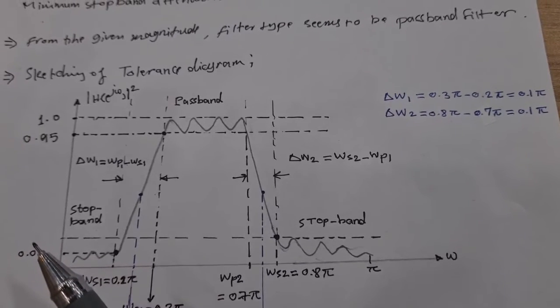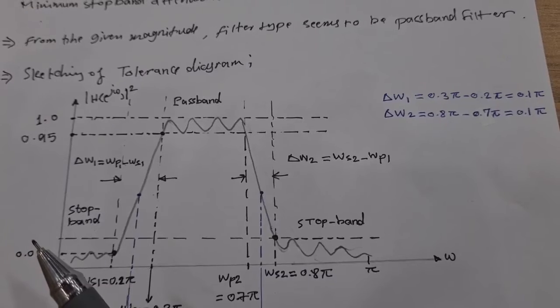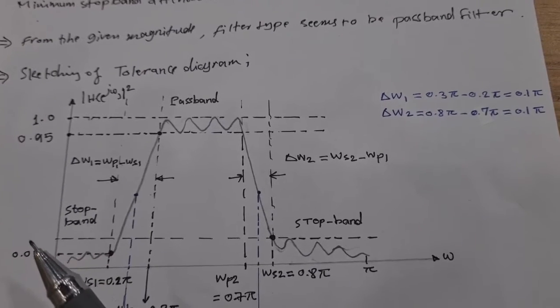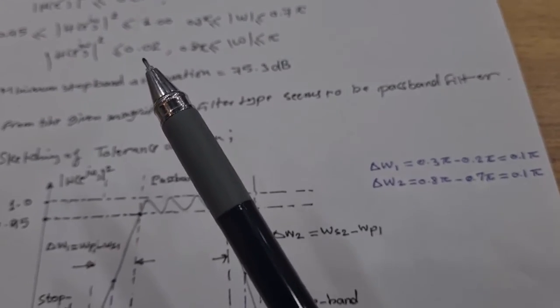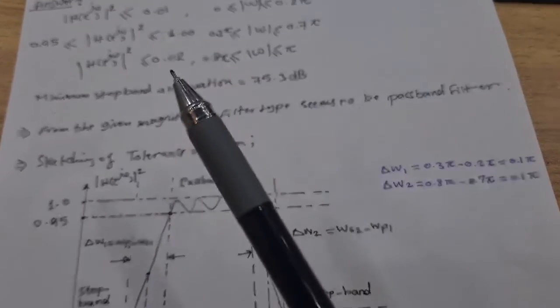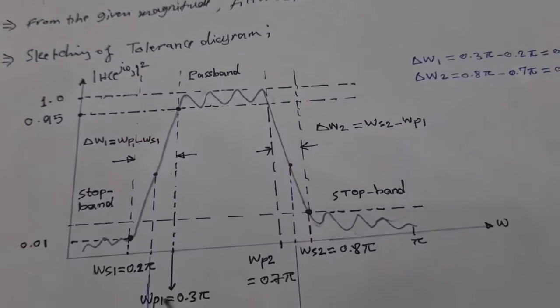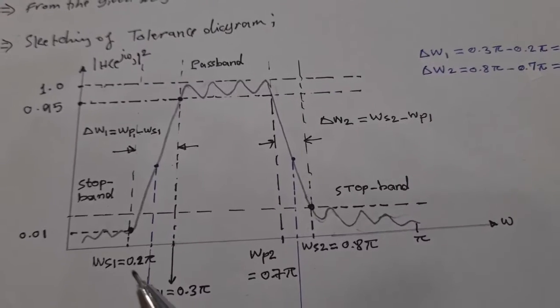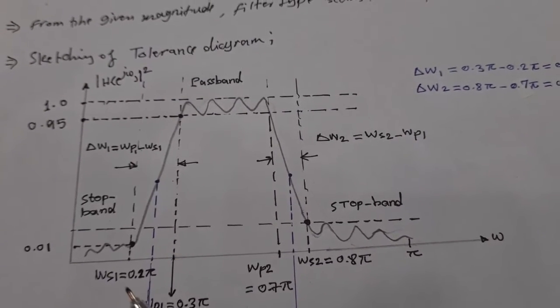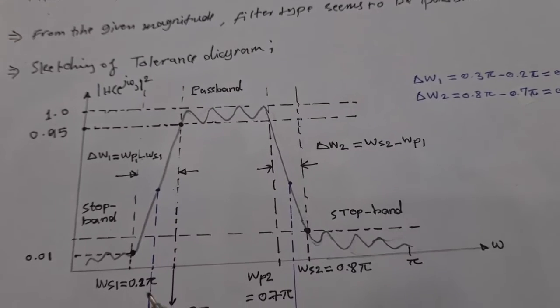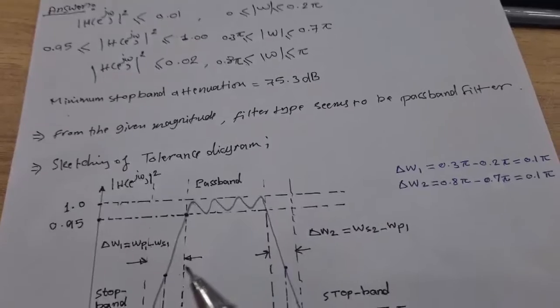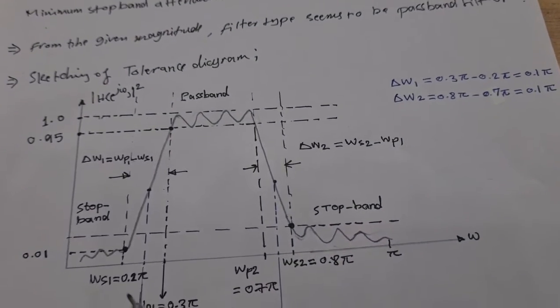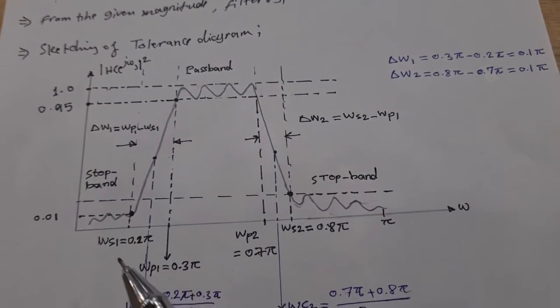I forgot to apply the value here, which is 0.02, according to the equation. For ωS1 equal to 0.01π, sorry, 0.01π for the ωS1.